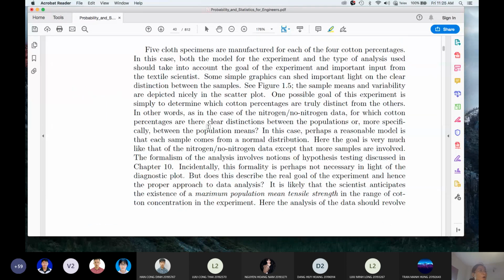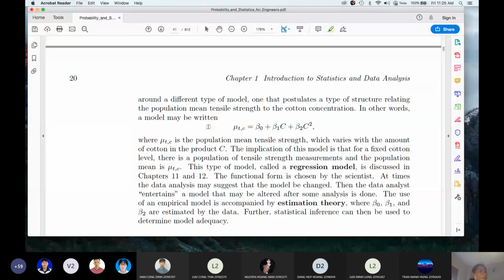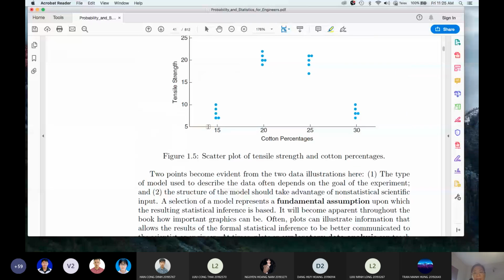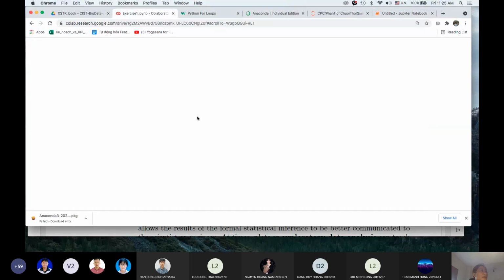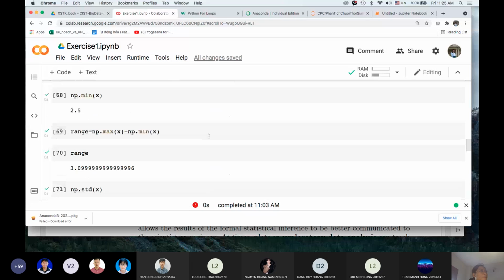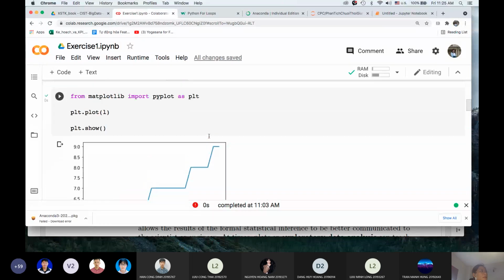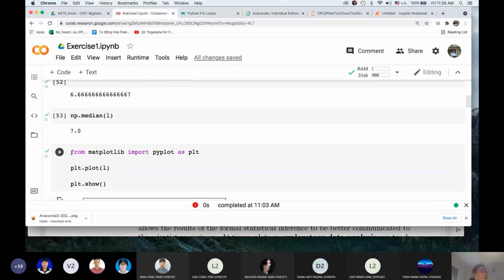Now we have to plot some data. In the previous lesson, I showed you the way to explore the data, right? We use this package.